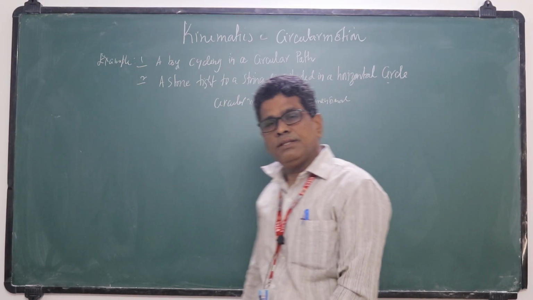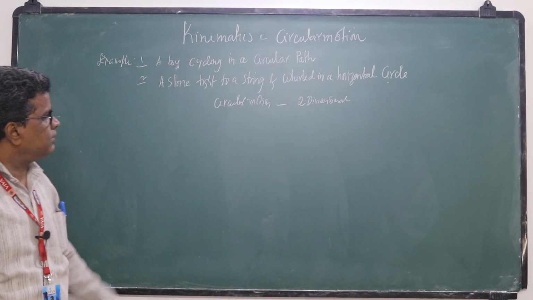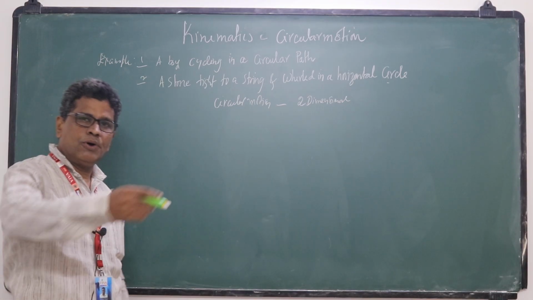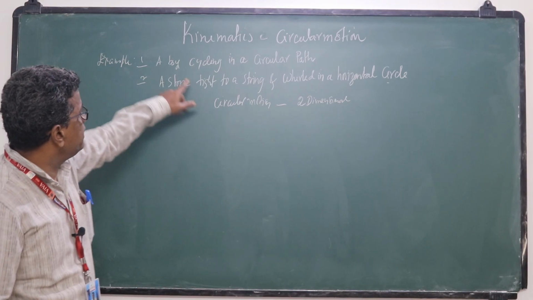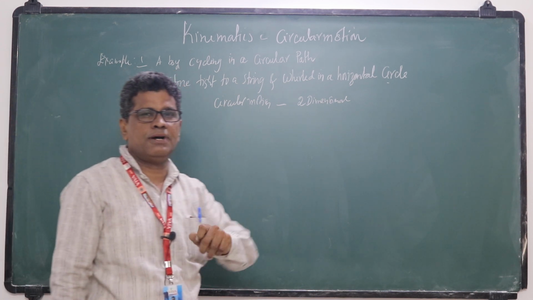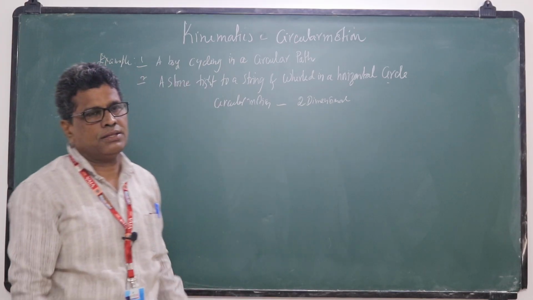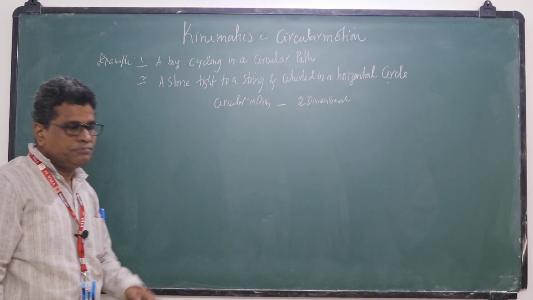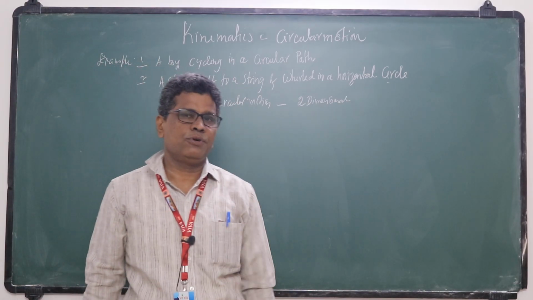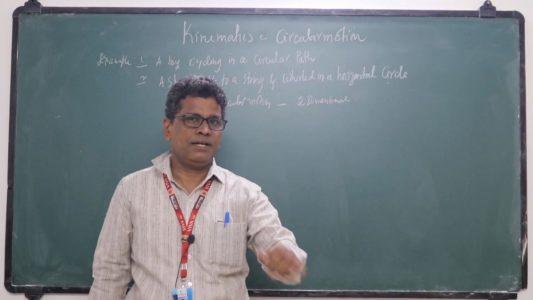Generally we take the horizontal plane in most examples. In this horizontal plane, we treat the boy and cycle as a particle moving in a circular path. Here we treat the body as being in translatory motion, so that is why we treat the body as a particle.